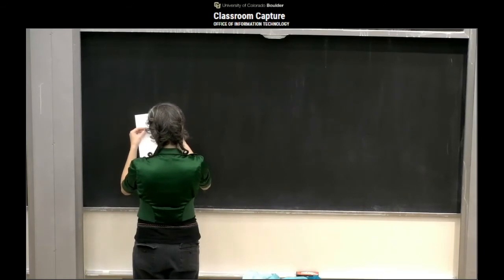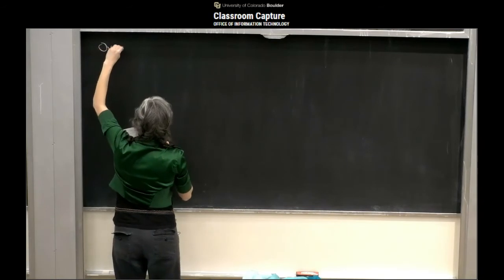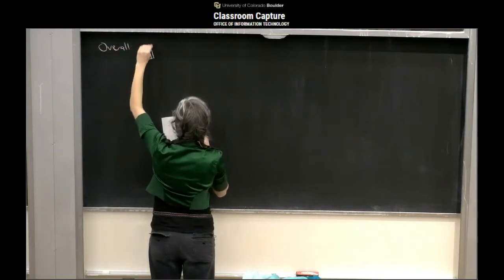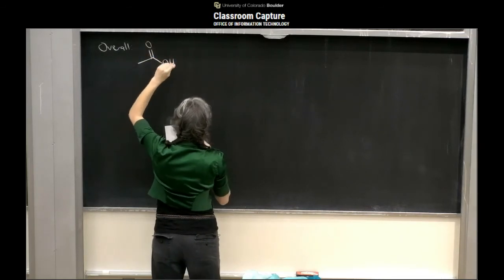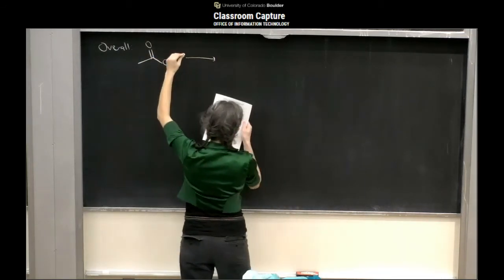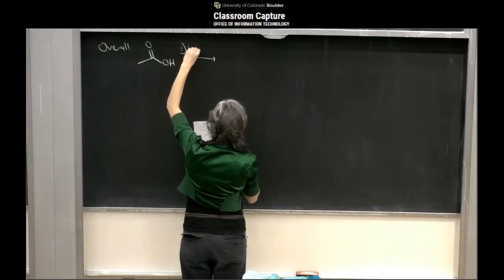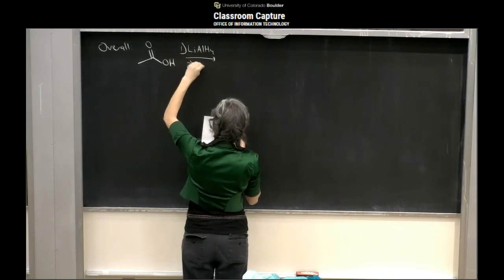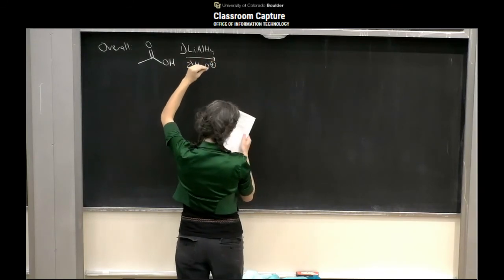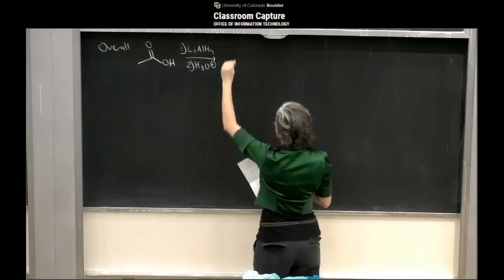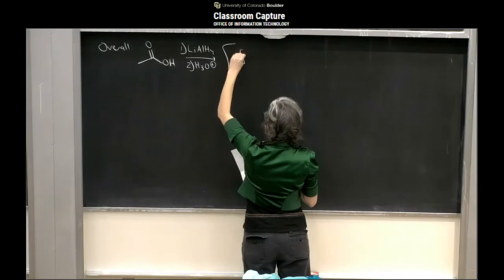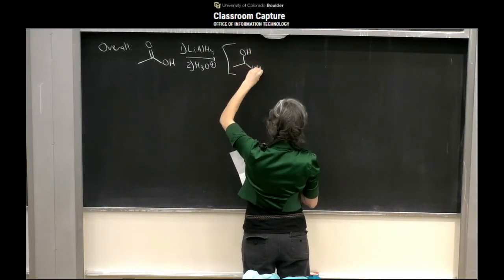Okay, so the overall reaction is going to look like carboxylic acid, and then first lithium aluminum hydride, and second H3O plus. Briefly, it's going to go through a form where it's reduced down the carbonyl.